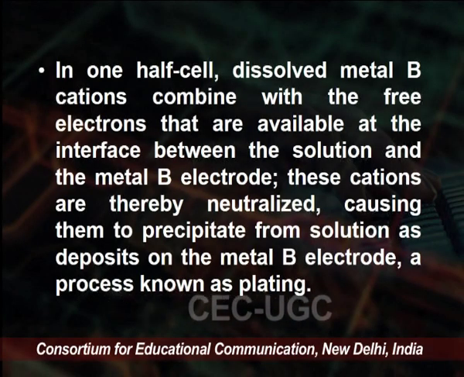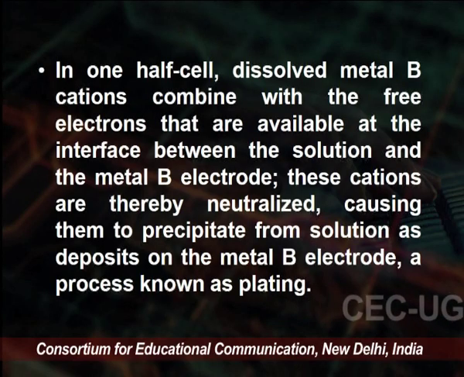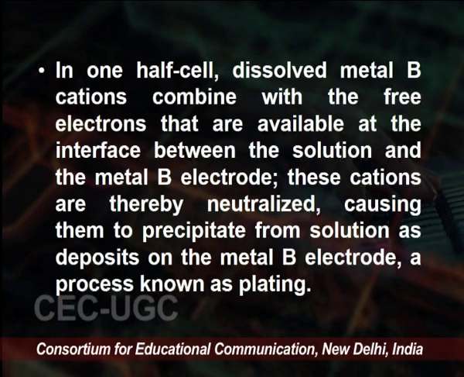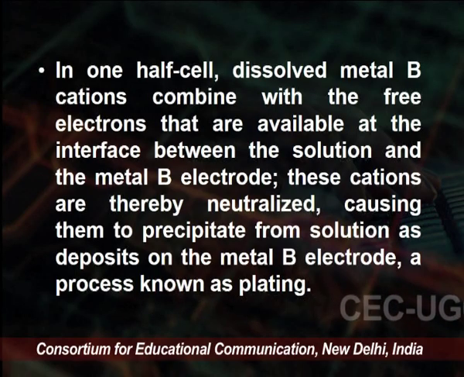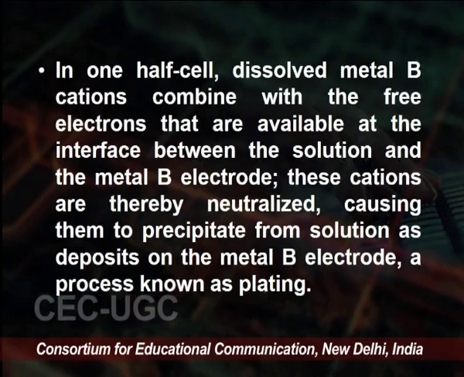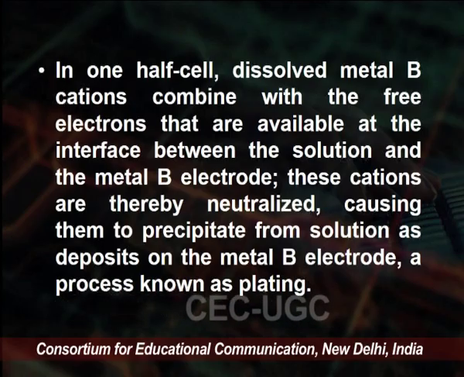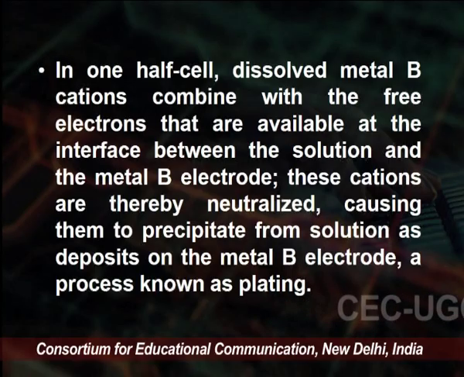In the one half cell, dissolved metal B cations combine with the free electrons that are available at the interface between the solution and the metal electrode B. These cations are thereby neutralized, causing them to precipitate from the solution as a deposit on the metal B electrode, a process that is known as plating.